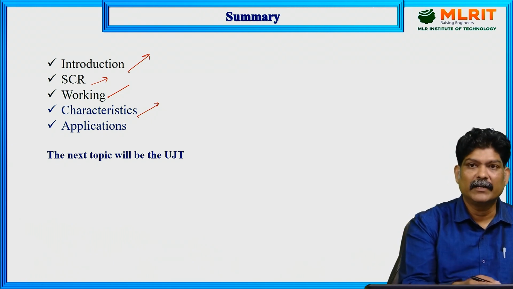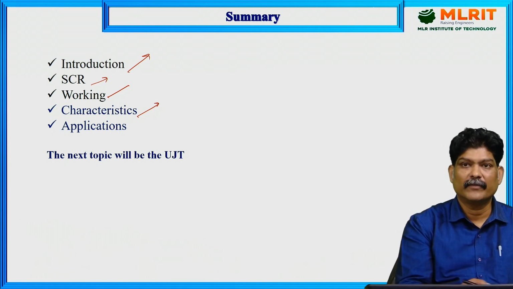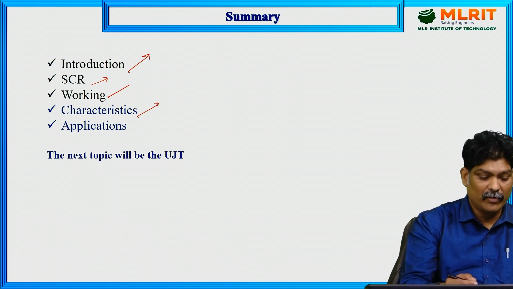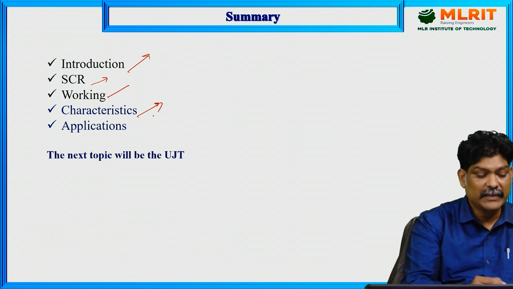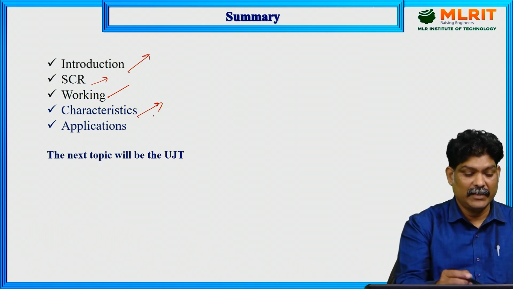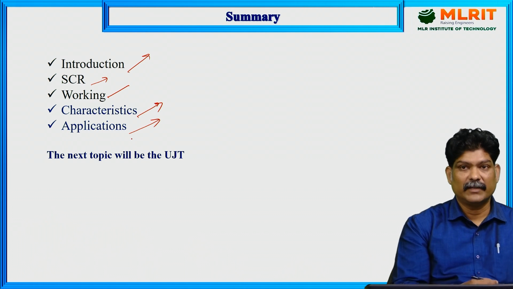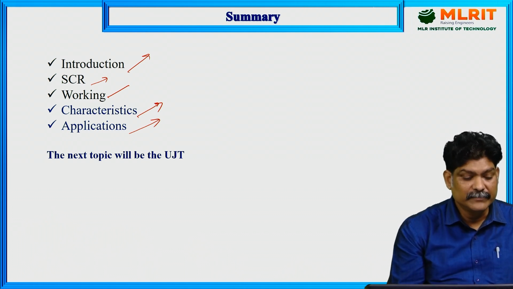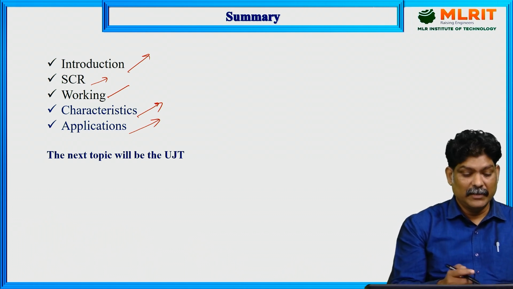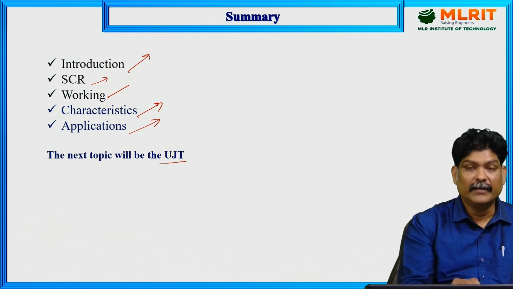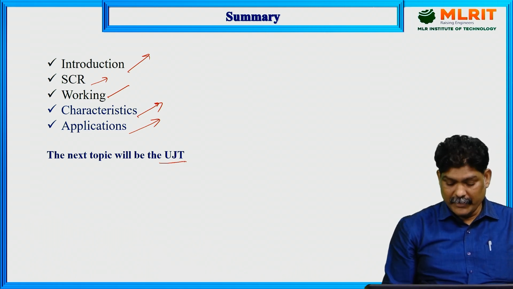Three operating modes of SCR we have discussed, followed by the characteristics of SCR and different applications of SCR. That's all for today's session, and the next topic will be UJT, the last topic in this unit. Thank you.